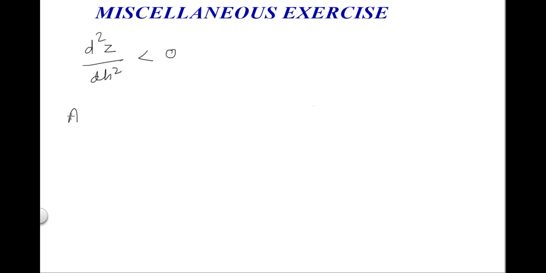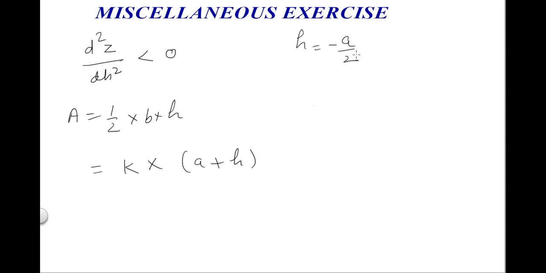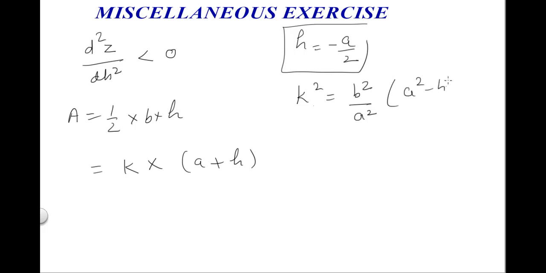Now area is half into base into height, which we calculated as k multiplied with (a plus h). And h value, we have got as minus a upon 2. You have to put this value, and using this formula, k square equals b square upon a square into (a square minus h square), you will put the value of k.